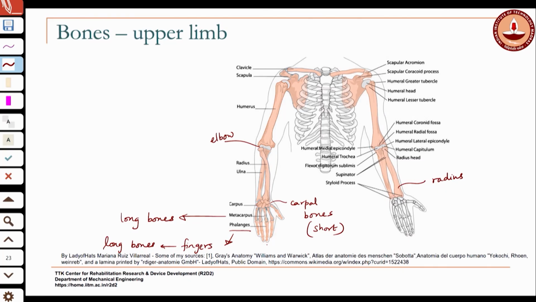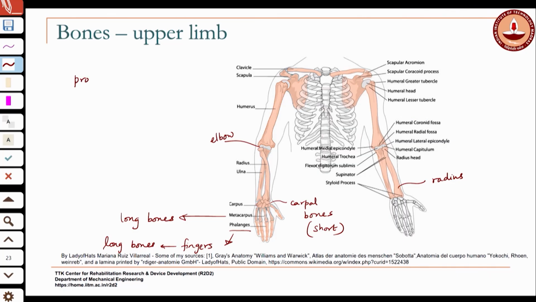But the proximal phalanges would be the long bones, and they are actually called proximal, intermediate and distal. Intermediate, I am sorry, thank you. This is different from the medial that we were talking about.